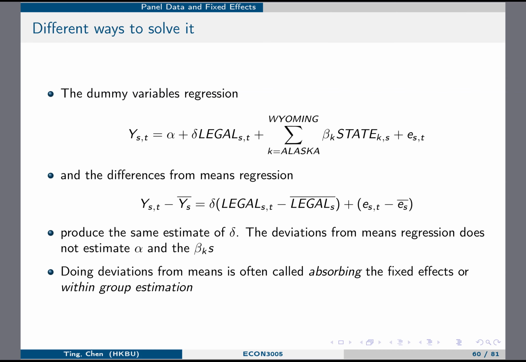So instead of using the dummy variables to hold the mean effects constant, we can use this deviation from means regression, or demeaning regression, to estimate delta.